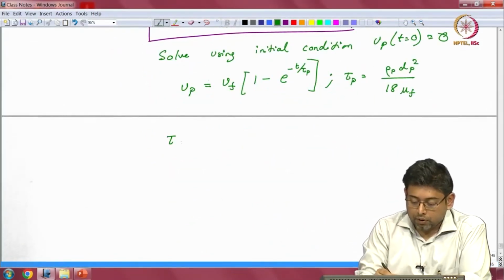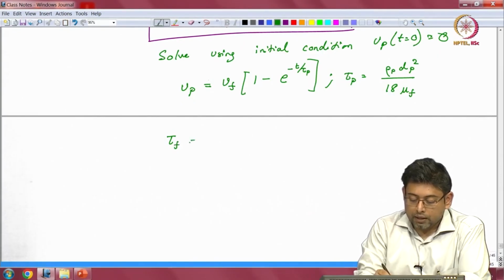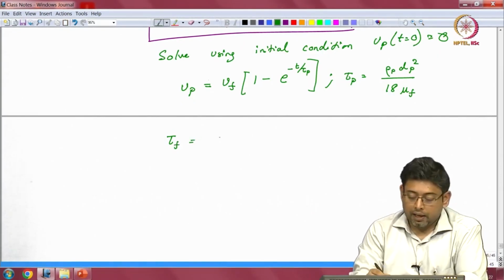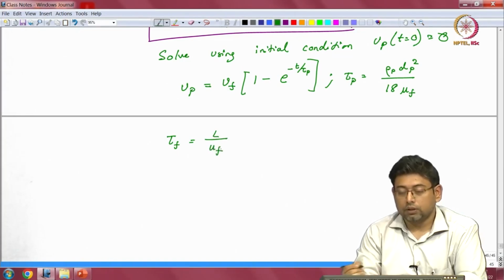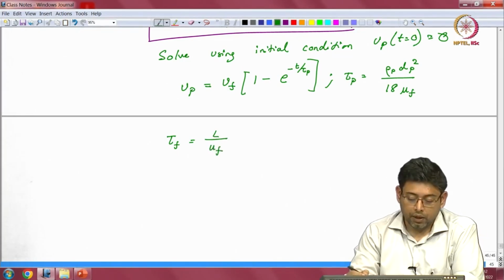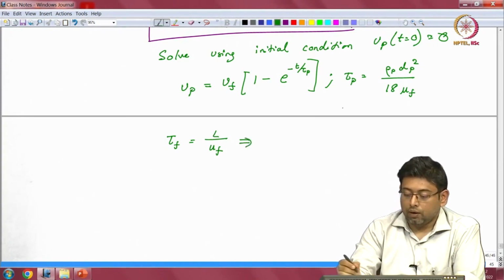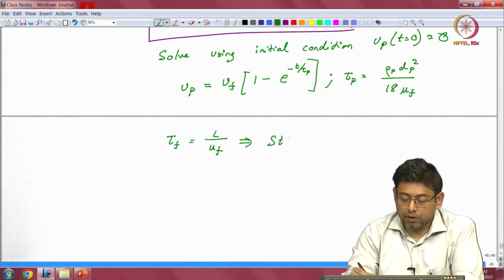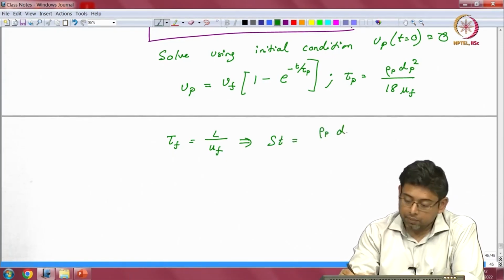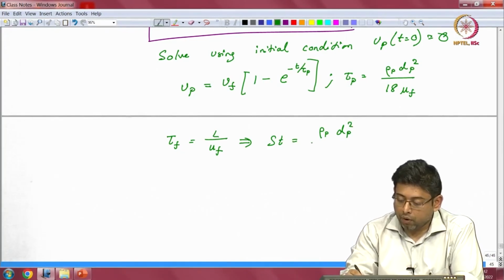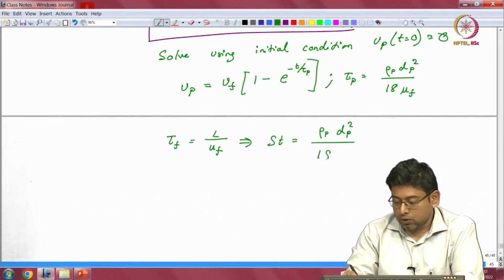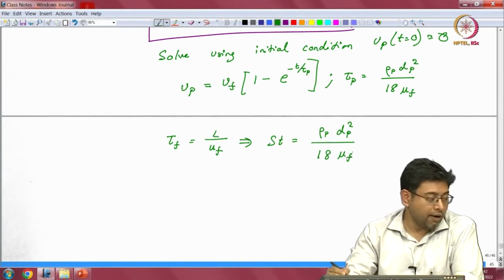The fluid response time scale, or tau f, is nothing but the length scale of the flow divided by the flow velocity scale. If you combine these two, this gives me a Stokes number as rho_p dp squared over 18 mu_f L/U, and please correct me if I am wrong. I already derived this before.